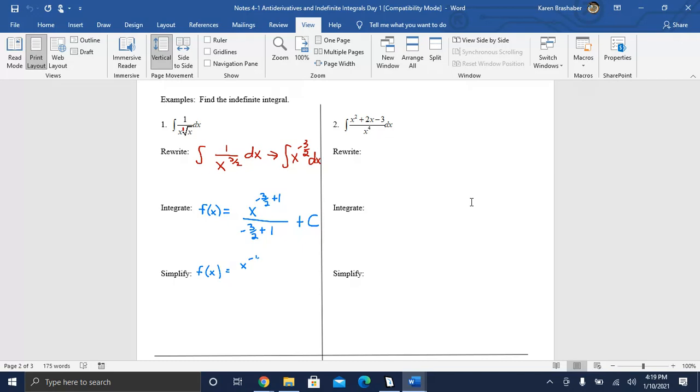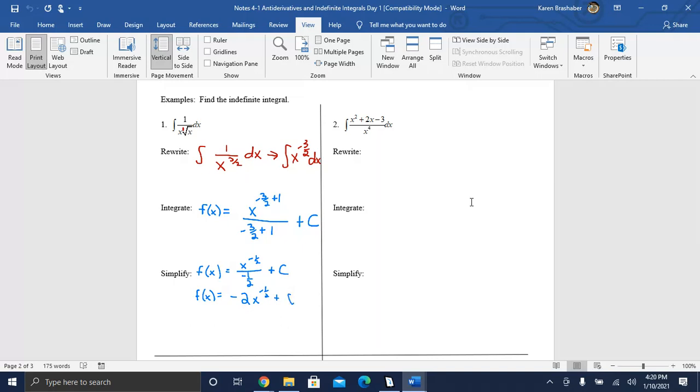plus c. I would also like for you to not have complex fractions. So I don't want to leave the -1/2 in the denominator. If you're dividing by -1/2, that is the same as multiplying by its reciprocal. So that would be -2x to the -1/2 plus c.